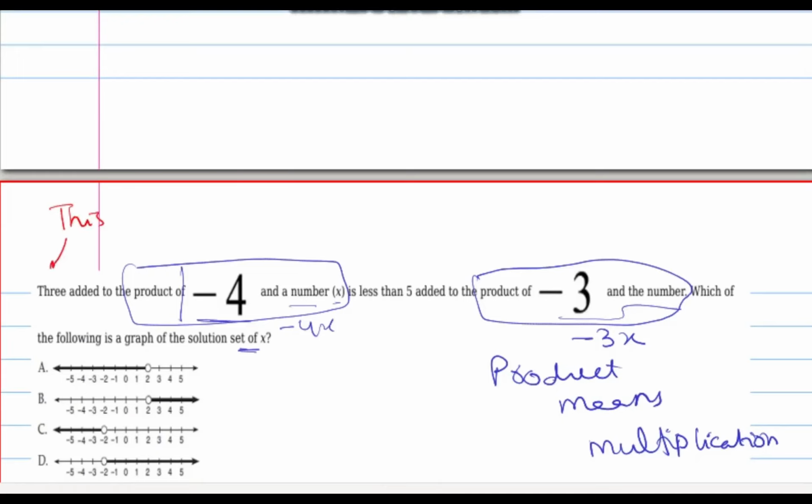This question is not related to equations, because if someone talks about a solution set, it is always applicable to inequalities, not to equations.